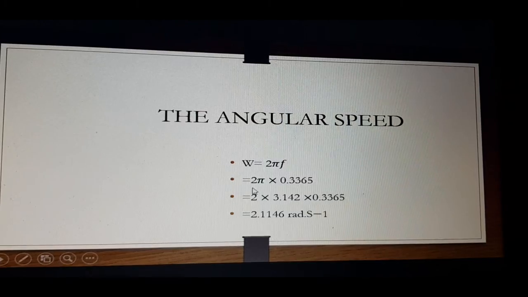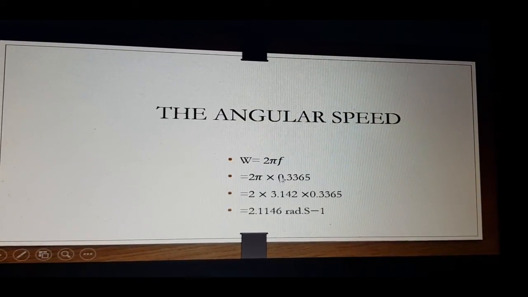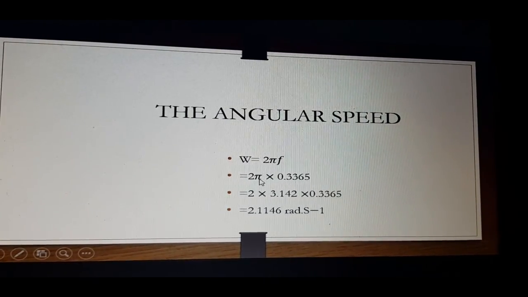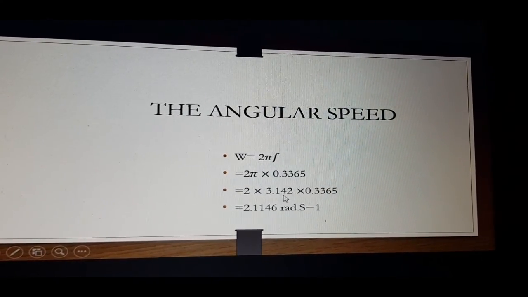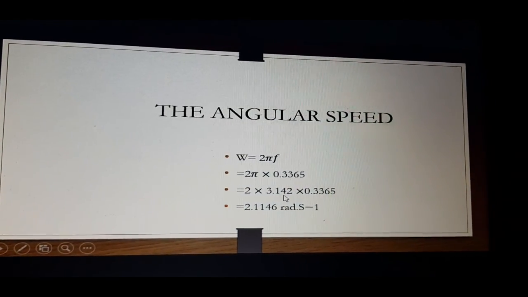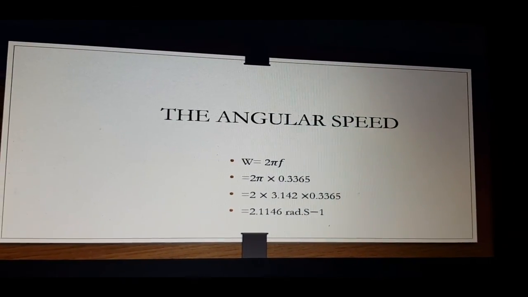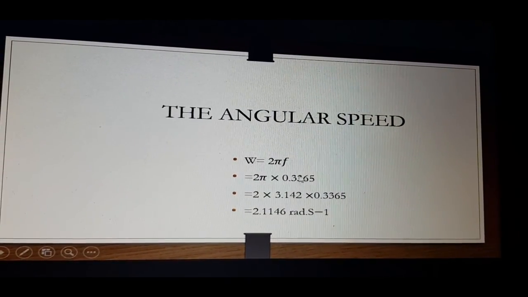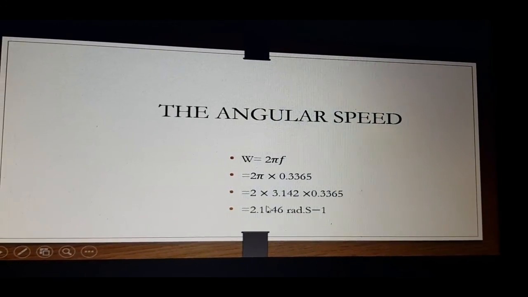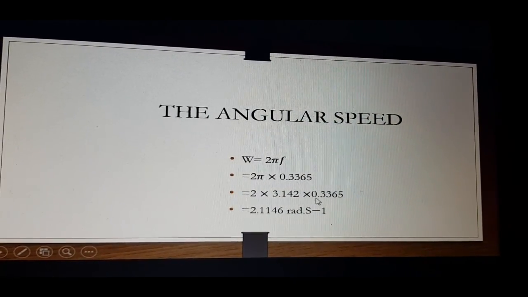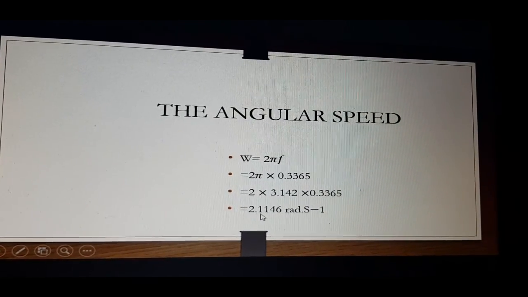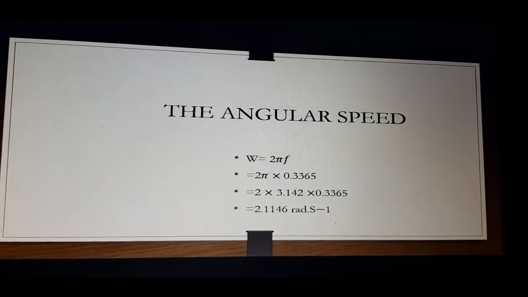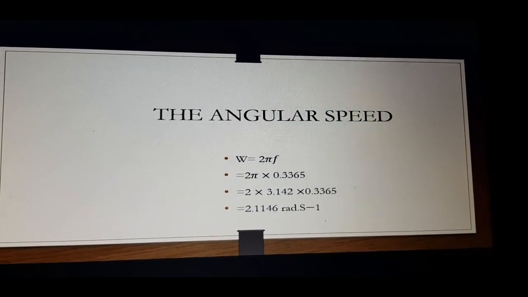Then 2 pi times the value of frequency. 2 times pi is the same thing as 3.142, as I have told you earlier, if you divide 22 over 7, it will give you this. And then our frequency. If we multiply all these values, it will give us 2.1146 rad per second. So this is how to calculate our angular speed.